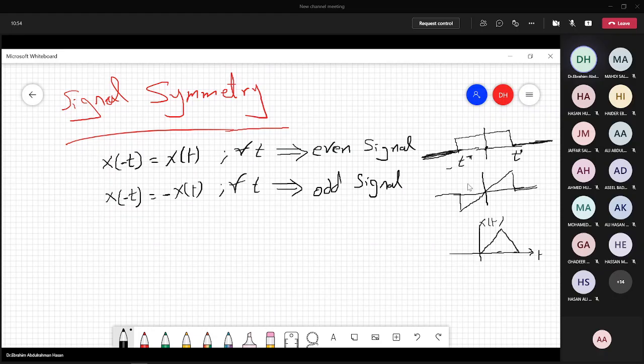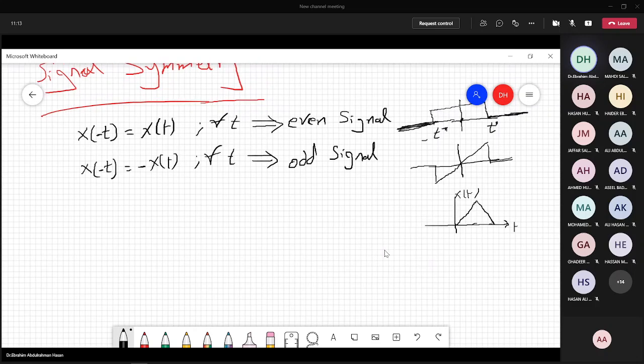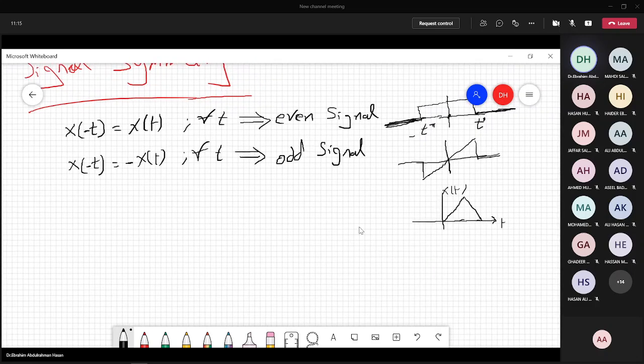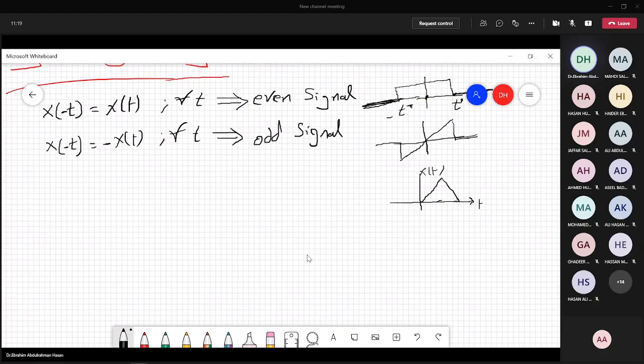But as we say, there is an advantage for odd and even, which means that if by some way we can change this one to even or odd, then we can use the benefit of even and odd.